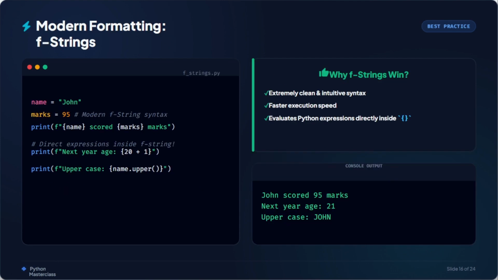Now let's learn the easiest and most powerful formatting method, called the f string method. An f string starts with the letter f before the quotation mark. You can see variables written inside curly braces.